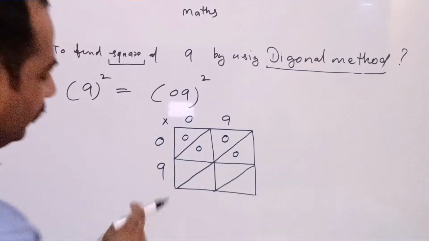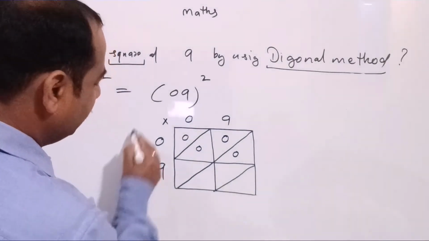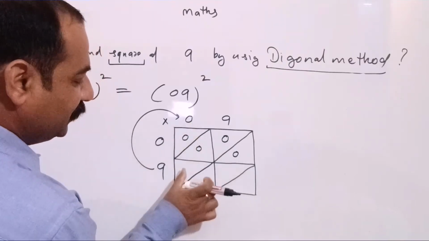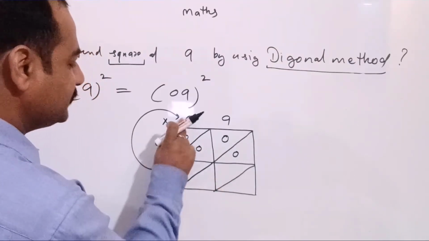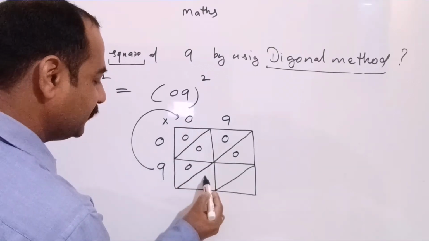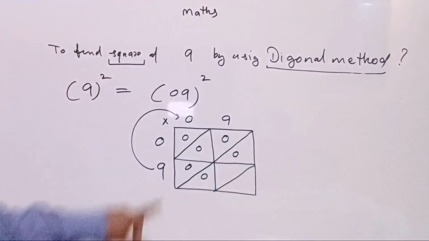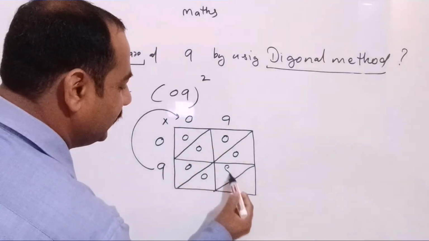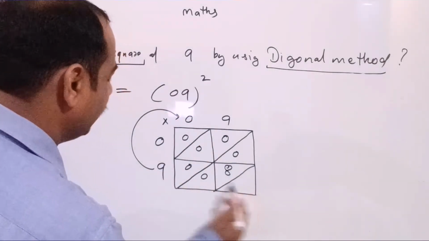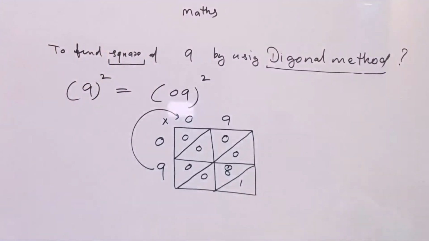Now we will multiply this 9 with 0 to fill these boxes. 9 into 0, again 0. Now 9 into 9, this is 81, like this. Okay, 9 into 9, 81.